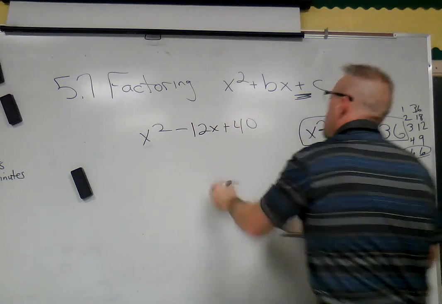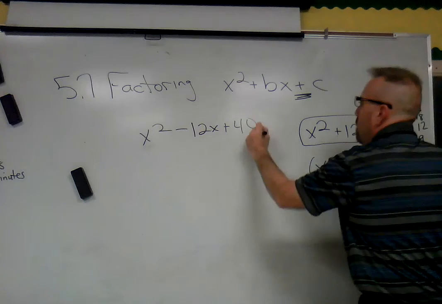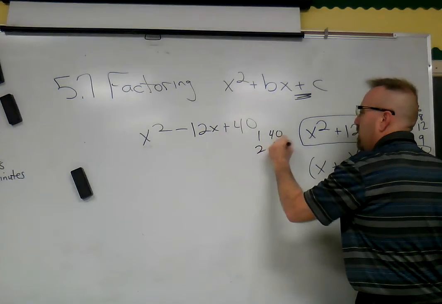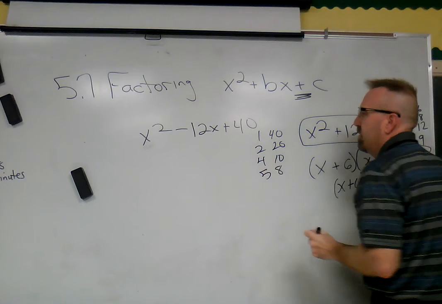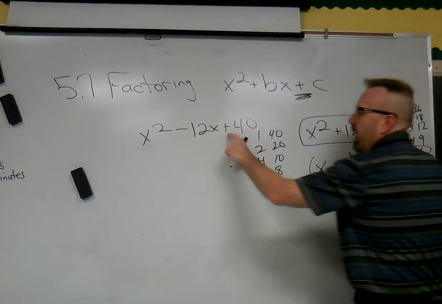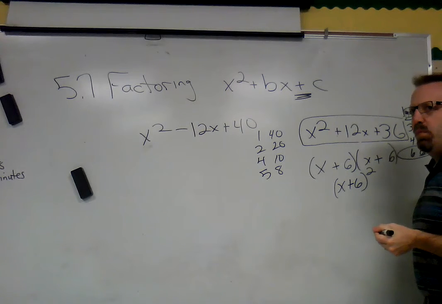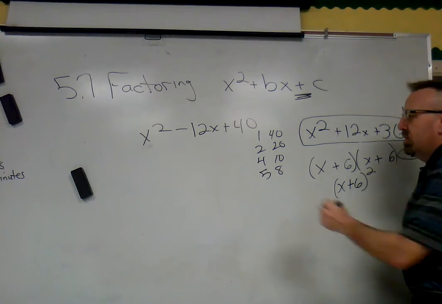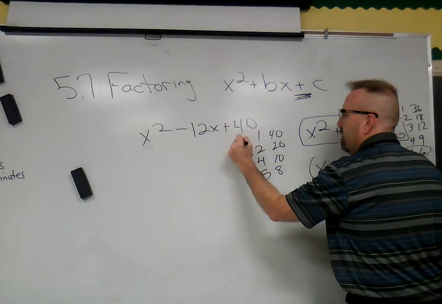All right, so this one, we want to look at factors of 40. 1 and 40, 2 and 20, 4 and 10, 5 and 8. So we want the pair that adds to be 12. Any of them? We get 41, 22, 14, and 13.